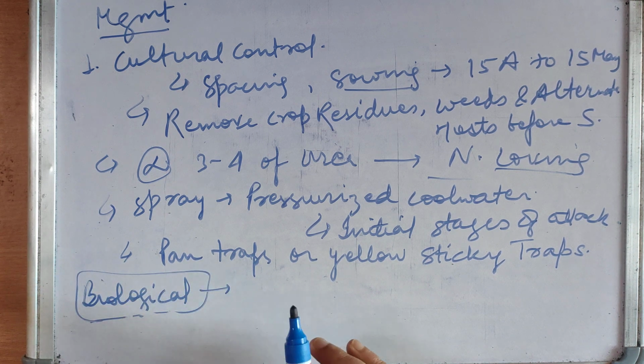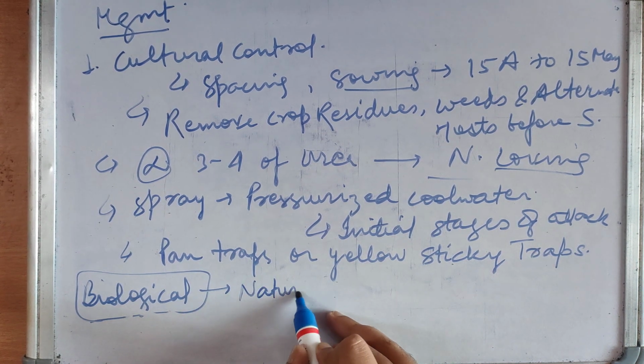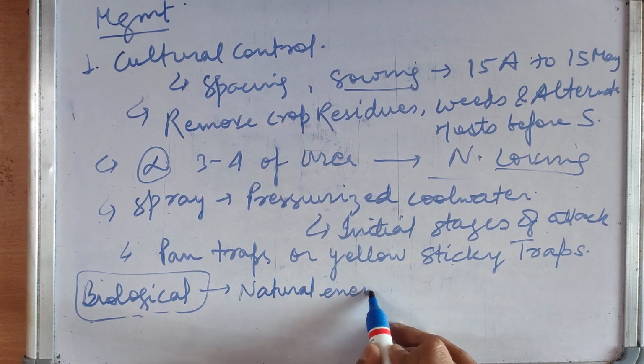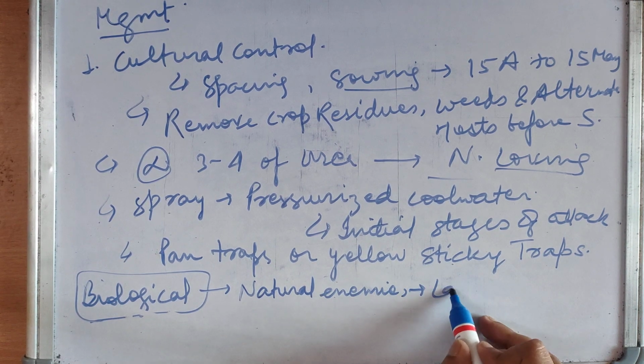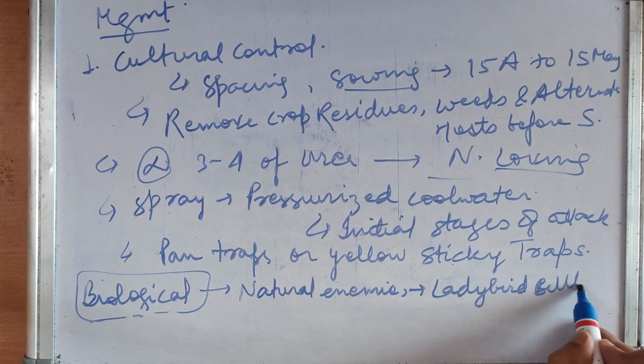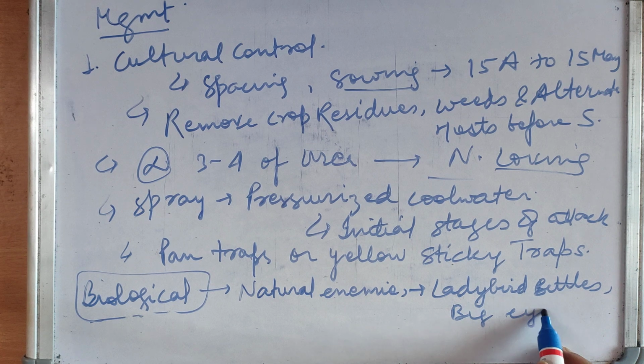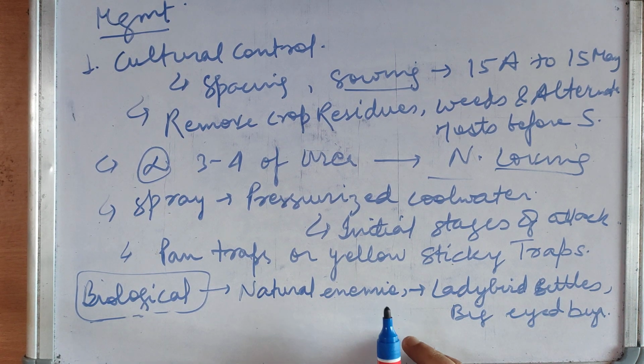Biological control. First of all, we will use natural enemies such as ladybird beetle and big-eyed bugs. These are natural enemies of this whitefly.